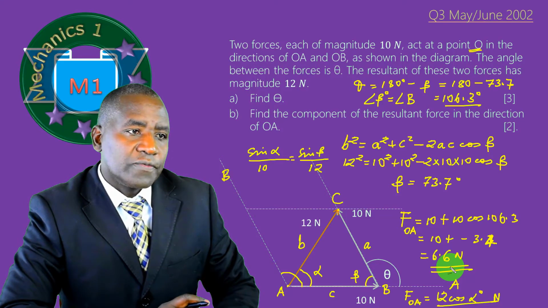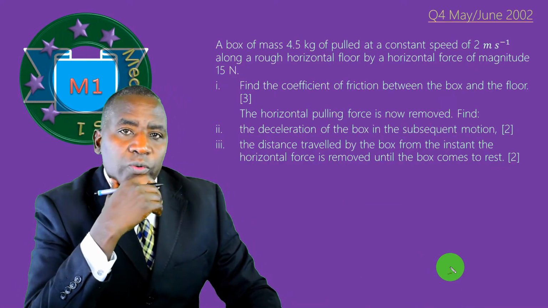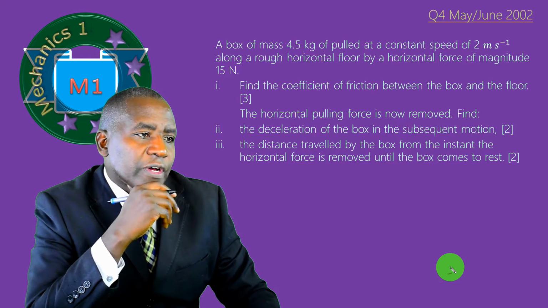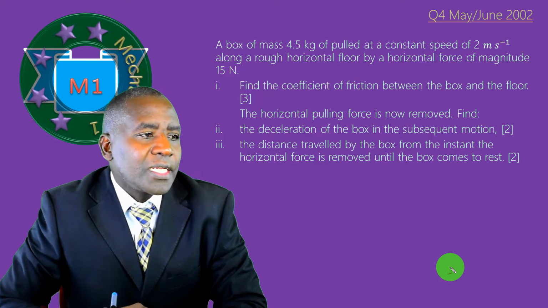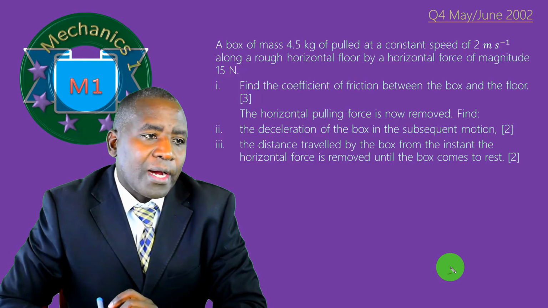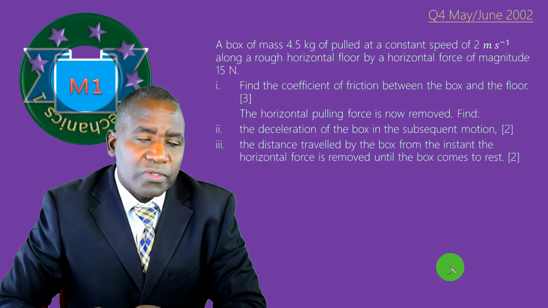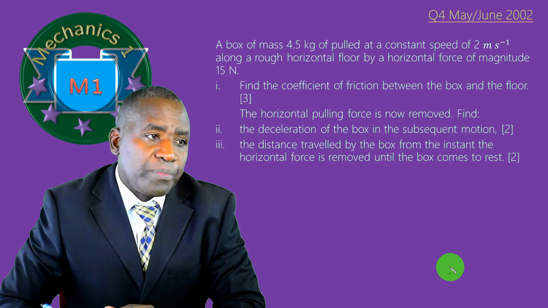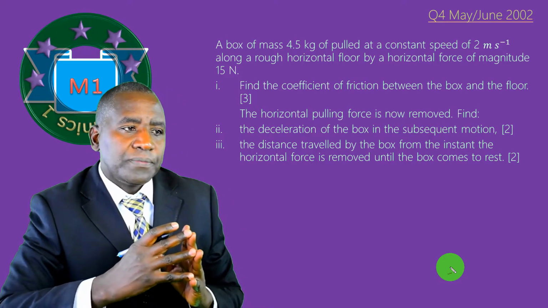Let's go to question 4. Now, in question 4, we are told that a box of mass 4.5 kilograms is pulled at a constant speed of 2 meters per second along a rough floor by a horizontal force of magnitude 15 newtons. A lot of information has been given there. You've been given that there is a box, mass 4.5 kg.